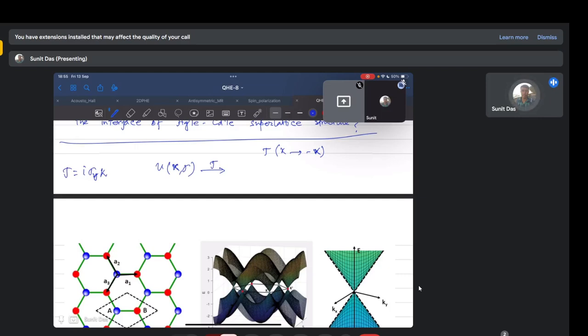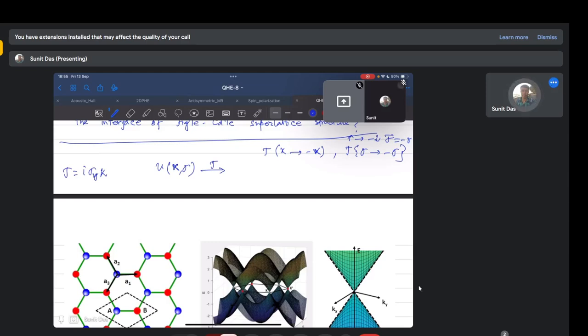So the velocity and momentum also get reversed. And spin changes its sign, so under T sigma also goes to minus sigma, sometimes denoted by sigma bar. Sigma bar is nothing but minus sigma, just the opposite spin. If it was up, it goes to down.